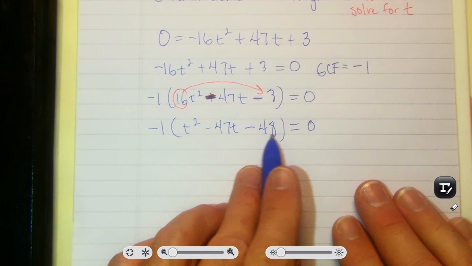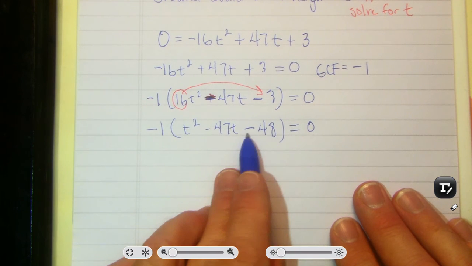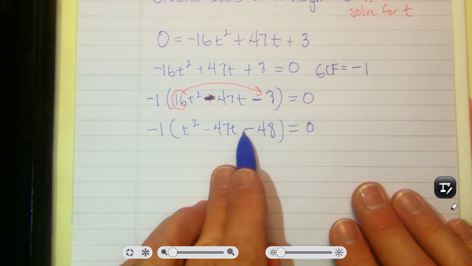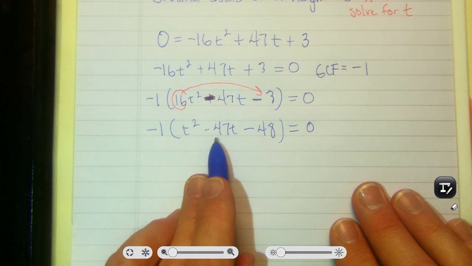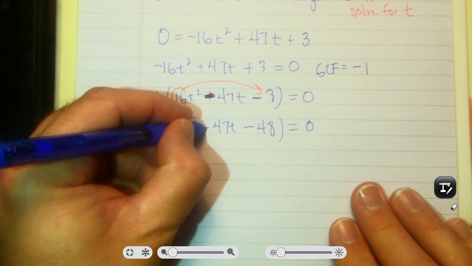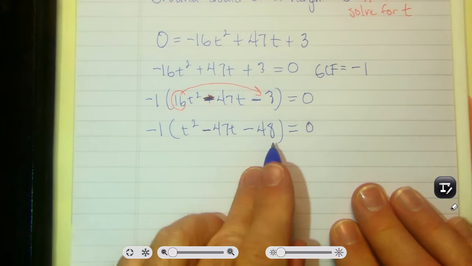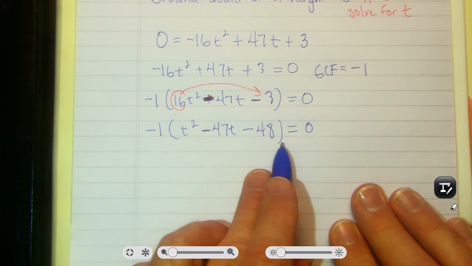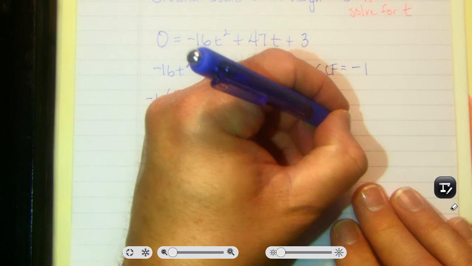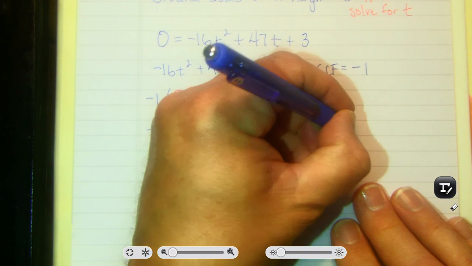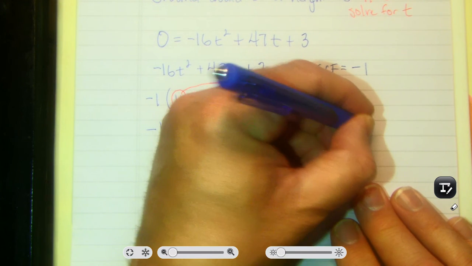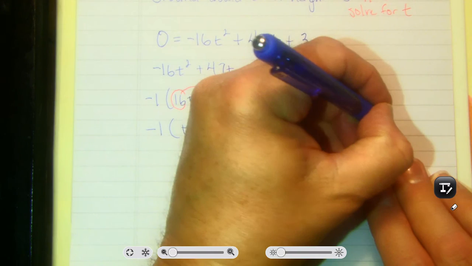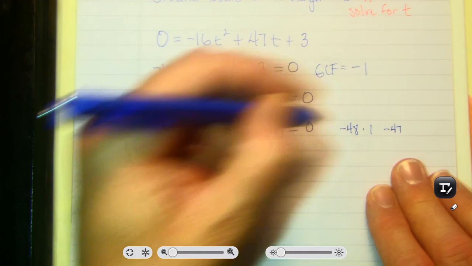And so I'm looking for factors of negative 48 that will add to negative 47. Because I'm going to multiply two things together and get a negative, one will be negative and the other will be positive. Actually, this one's going to be pretty easy, because negative 48 times a positive 1 gives me negative 48. And if I add negative 48 and 1, I get negative 47.